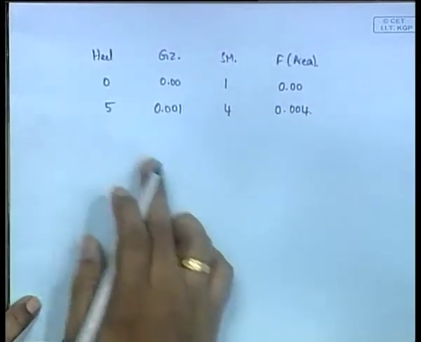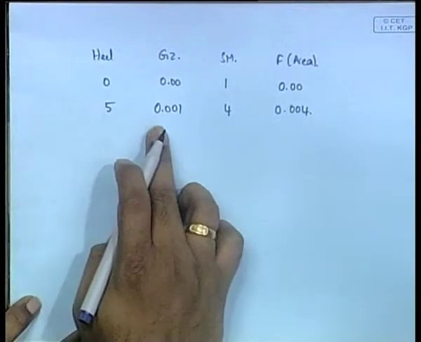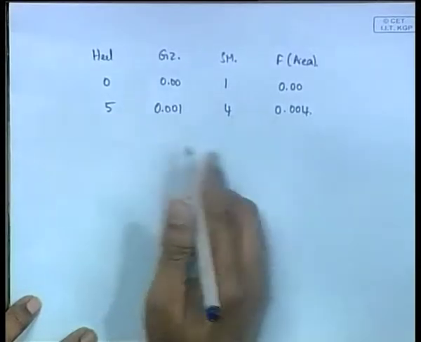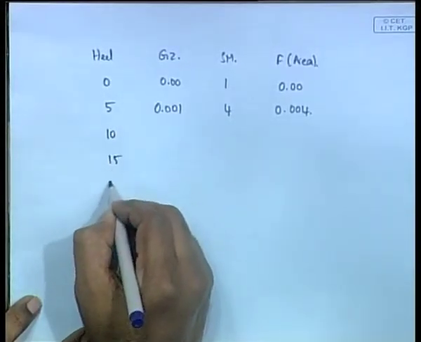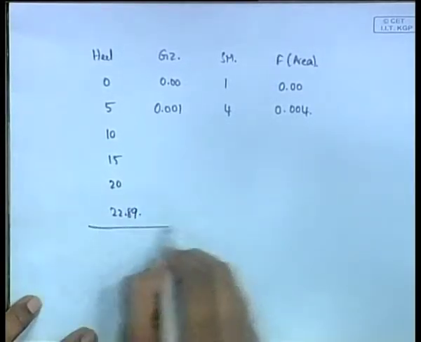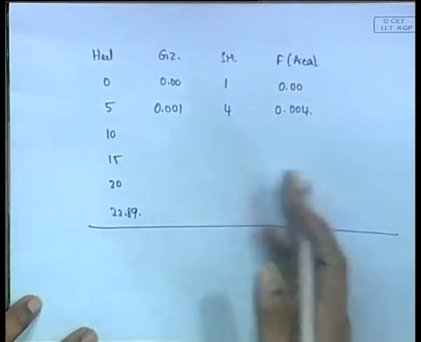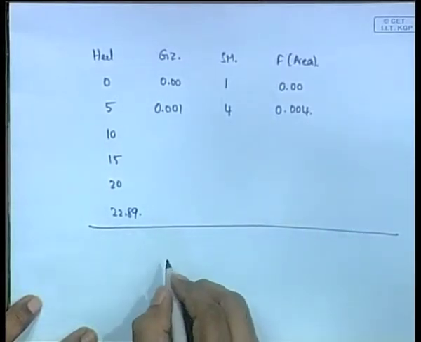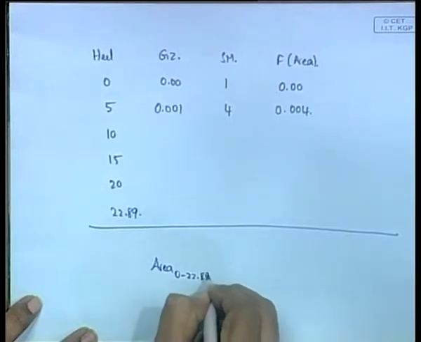So, like this you have to make the table: heel, GZ, Simpson's multiplier and function of area. So, like that for 10, 15, 20, might as well do for 22.89, and you find the area from 0 to 22.89 degrees.